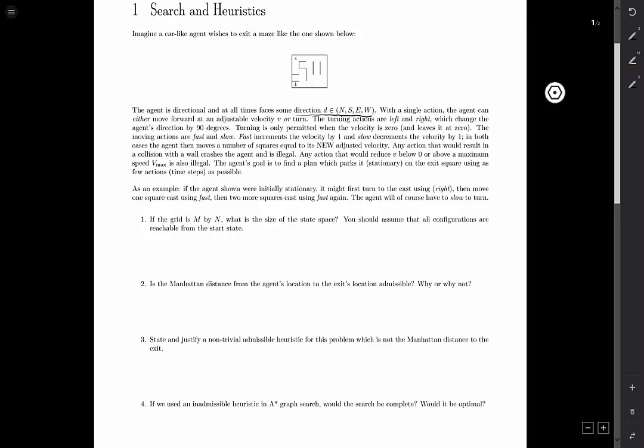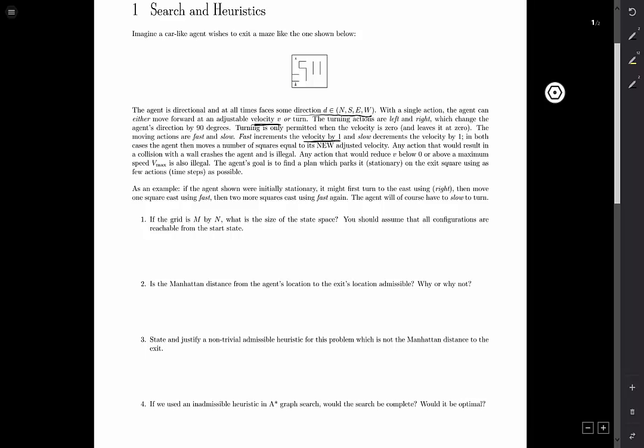With a single action, the agent can either move forward or at an adjustable velocity V. So you can see we're going to have some velocity V, so we'll probably need to keep track of that. The actions are turn left or right, and we also can go faster or slower. We can increment the velocity by 1, and we can slow by 1.